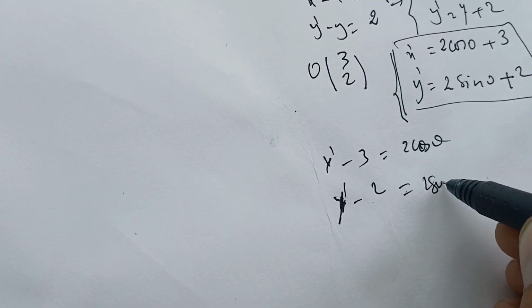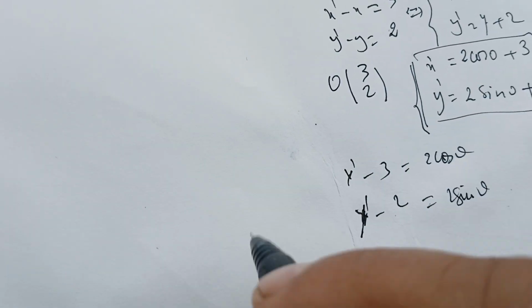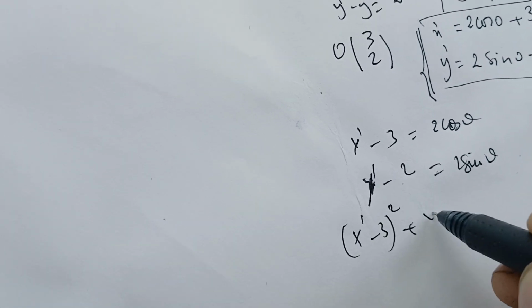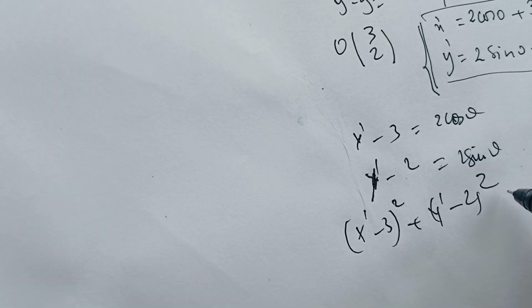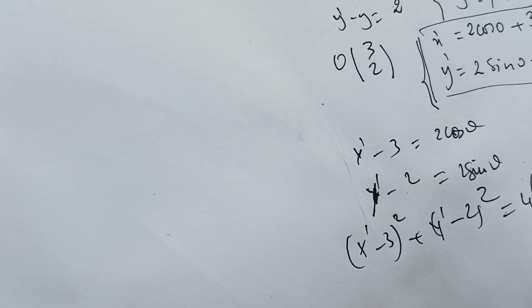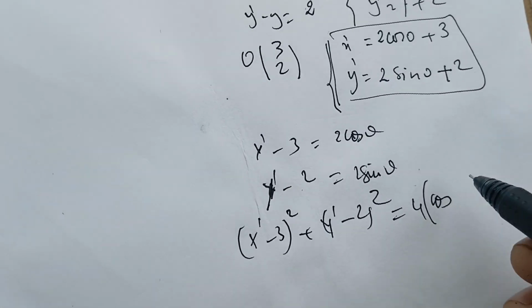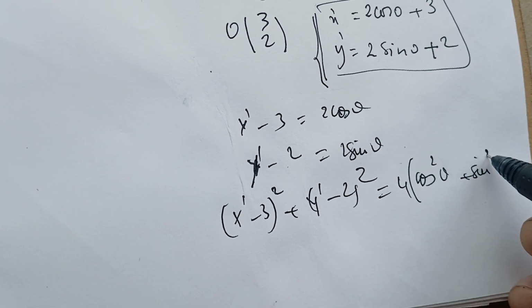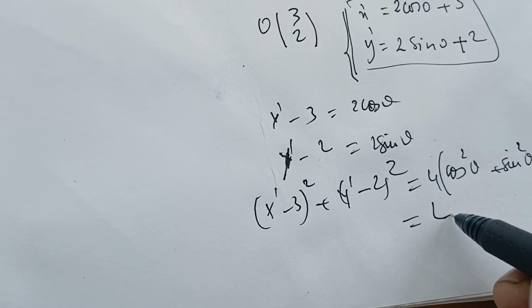is 2 sine theta. Now if I square, I get x prime minus 3 squared plus y prime minus 2 squared equals 4 times cosine theta squared plus sine theta squared. And this gives me 4.